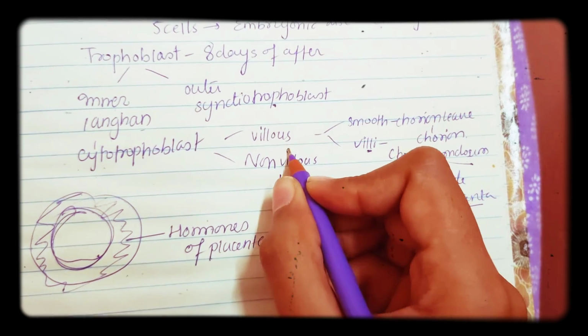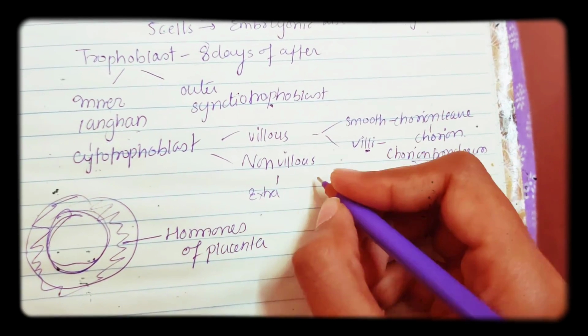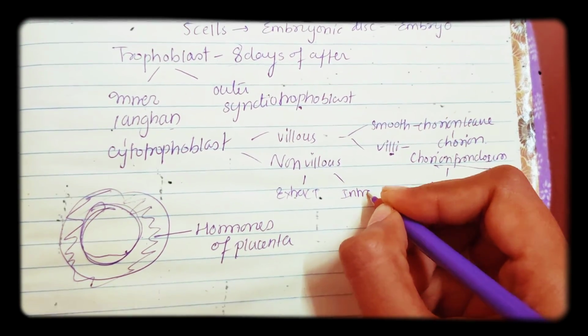Coming to the non-villus type, it is also divided into extravascular cytotrophoblast and intravascular cytotrophoblast.